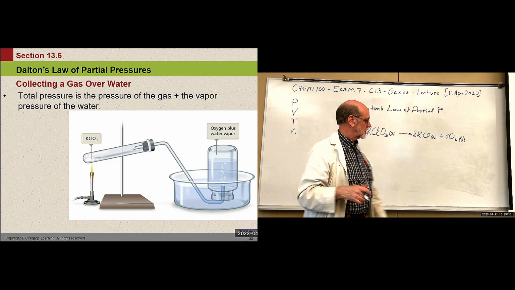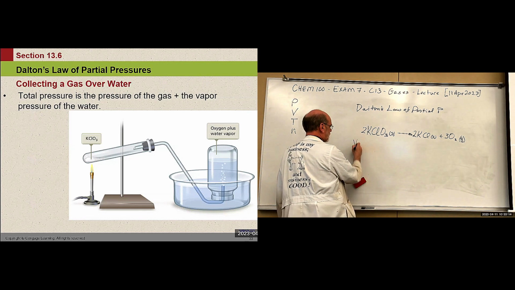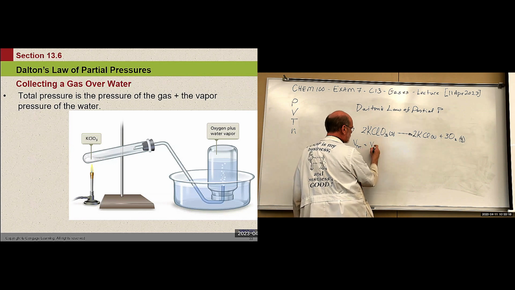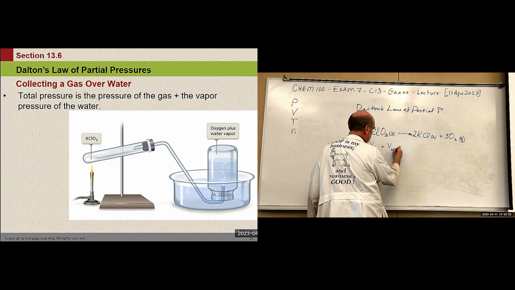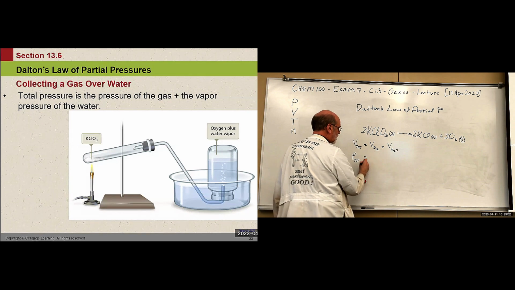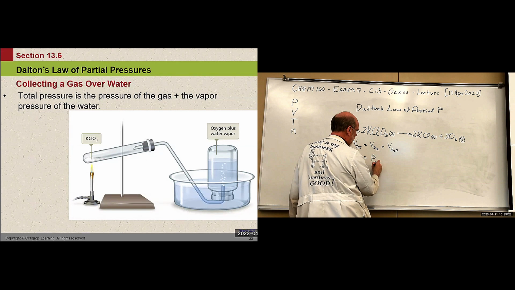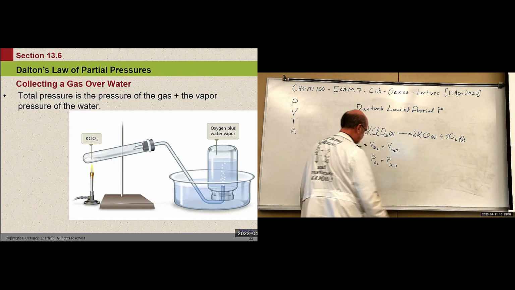It's a mixture. So if you measure the total volume, you've got a volume of oxygen and you have a volume of water vapor. If you measure the total pressure, you've got pressure due to oxygen plus a pressure due to water vapor. Okay.